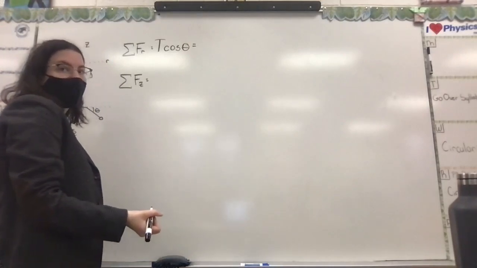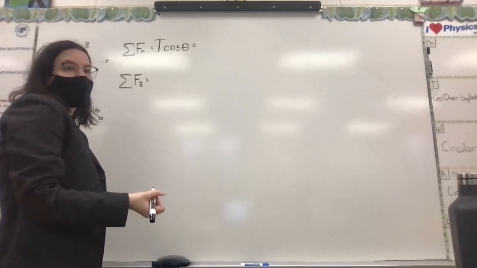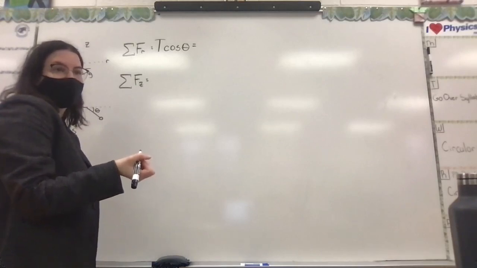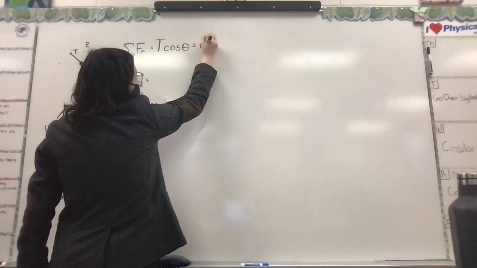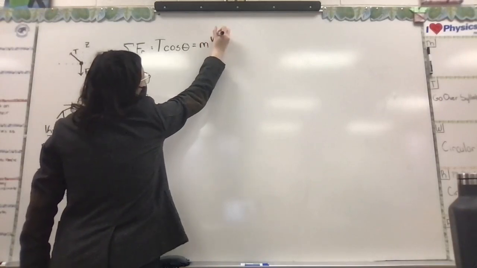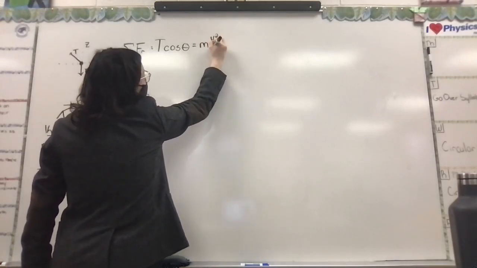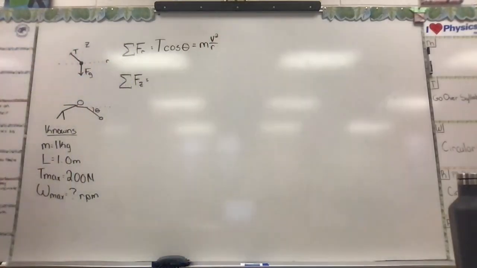And we know that A of R is the only one that actually has acceleration, correct? Because the other two planes have acceleration equal to 0. So that means it's going to be equal to M V squared over R. So that's our R plane, okay?